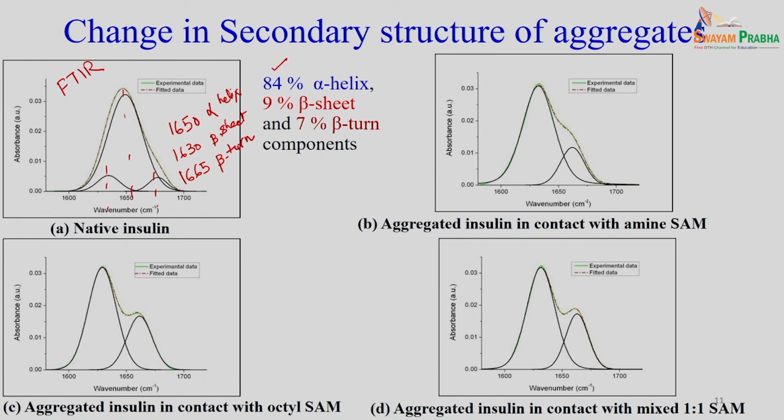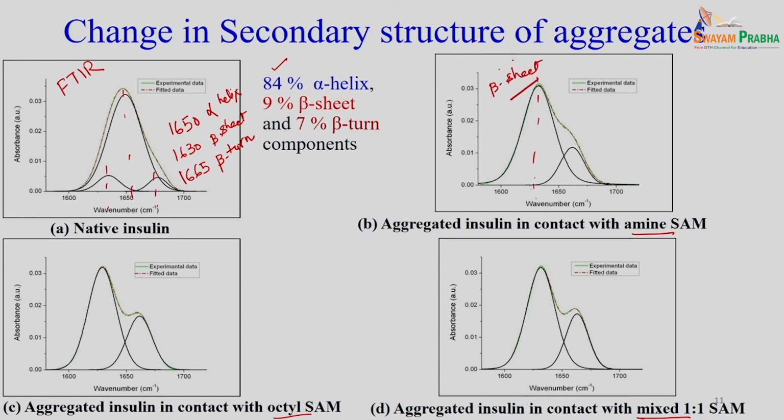Now, if you see the secondary structure of the aggregated insulin in the presence of different surfaces, in the presence of amine SAM, octyl SAM, and mixed SAM, here you can clearly see the 1650 peak has disappeared and there is a huge increase in the peak area of the 1630.